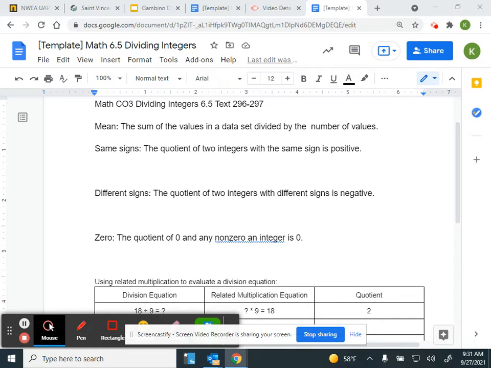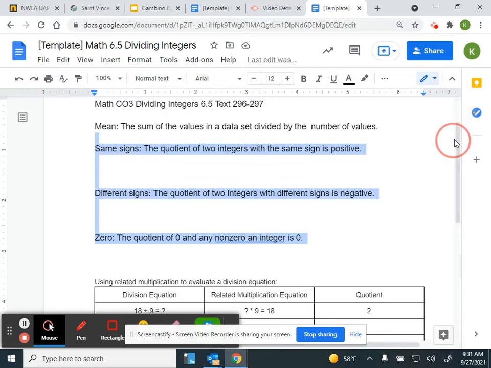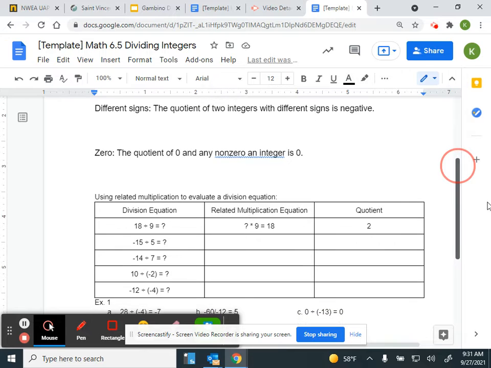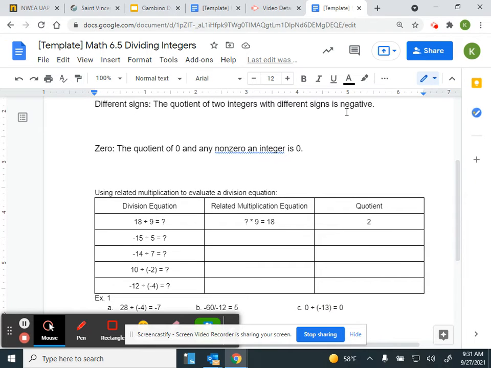If they are different signs, if you're dividing a positive by a negative or a negative by a positive, then the answer will be negative. Just like when we were multiplying, it's the same rules.